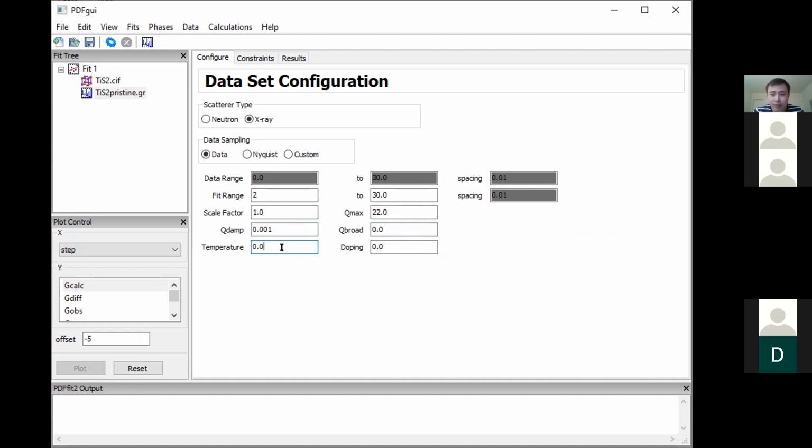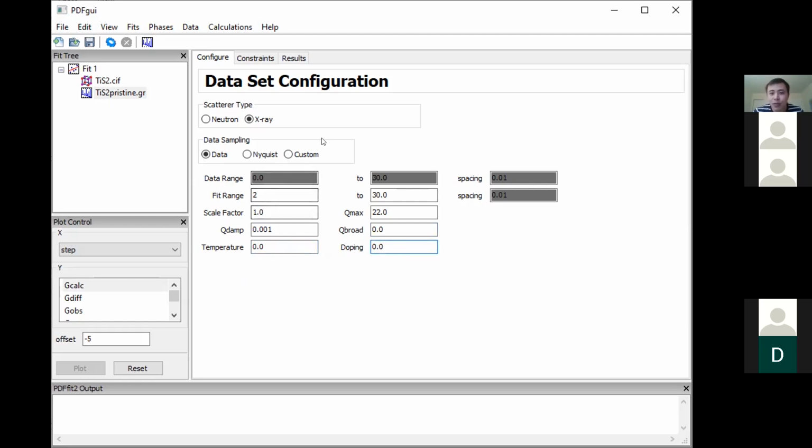It's simply telling the software, and also reminding yourself, at what temperature this sample was measured, because sometimes you want to do a sequential fitting and the data was measured at different temperatures. So you want to remind yourself and also tell the software what temperature this was collected at. And also sometimes you have different doping levels.